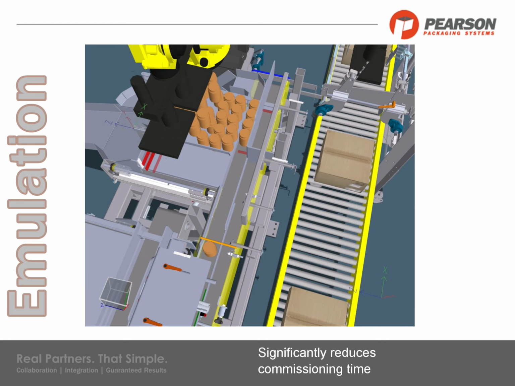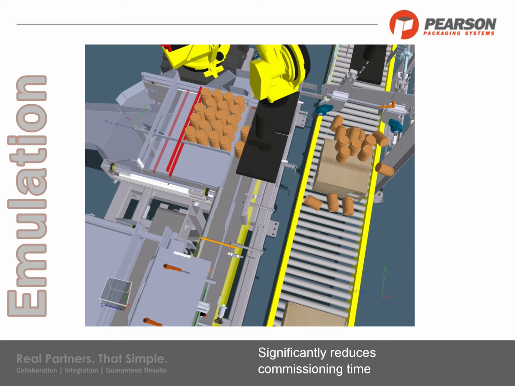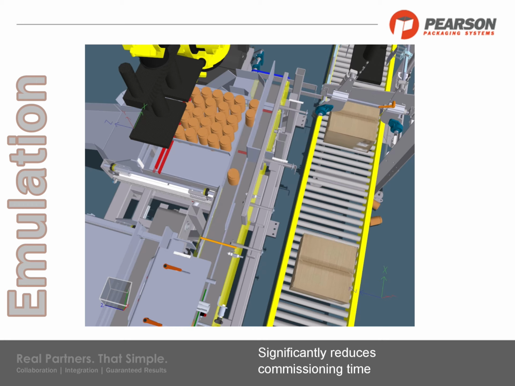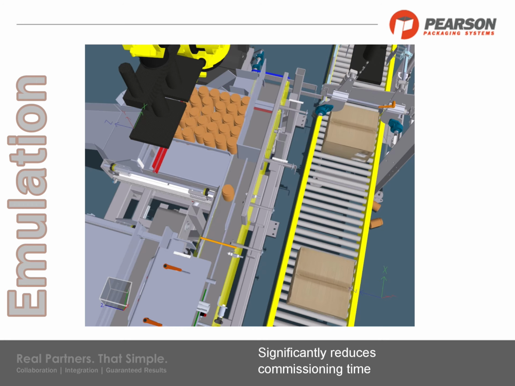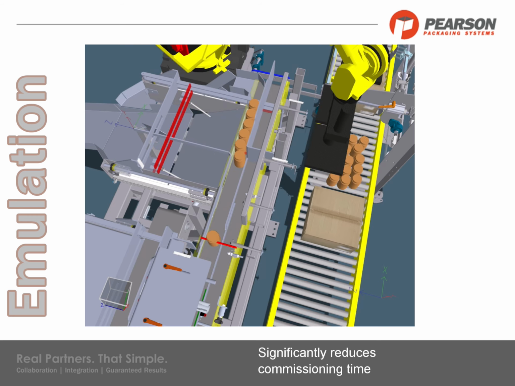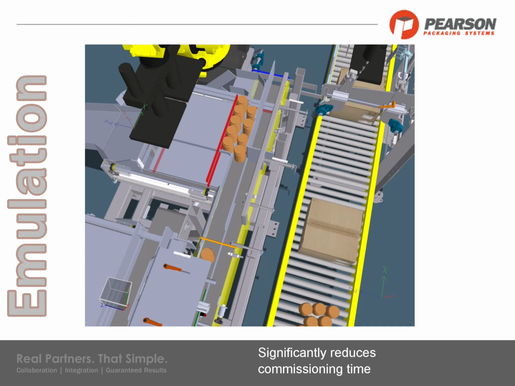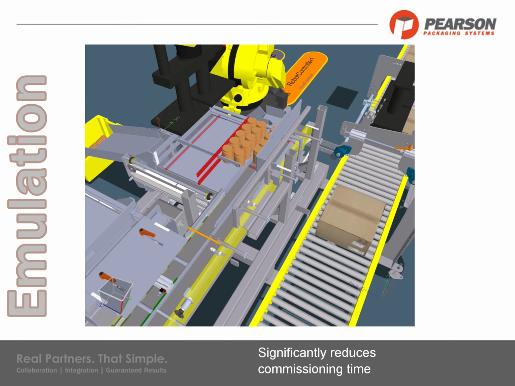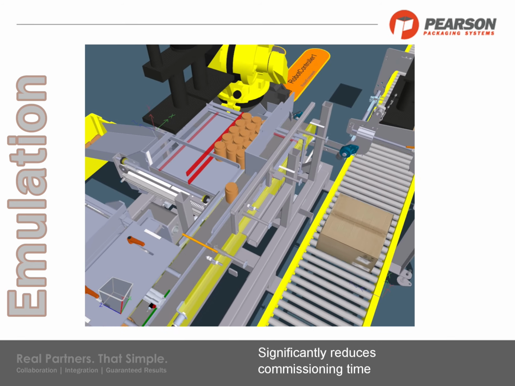You can see here that we're making some adjustments to the pattern forming zone, which adjusts the size of the pattern. That was one of the principles and concepts that we were trying to validate. So not only can we do code validation, but we can actually validate the concept and principles of operation of the machine and then document it. You saw a moment ago where we were able to reject products out of the machine.